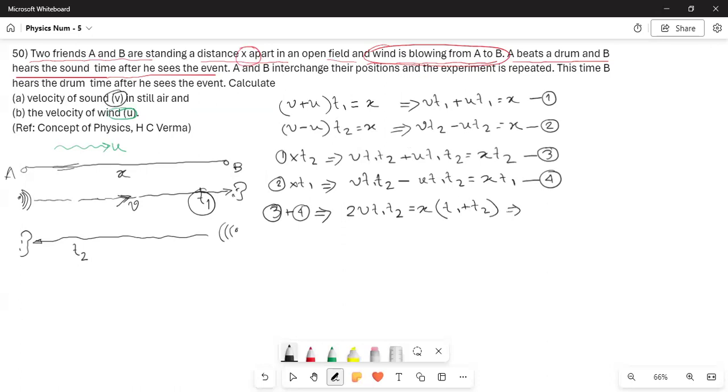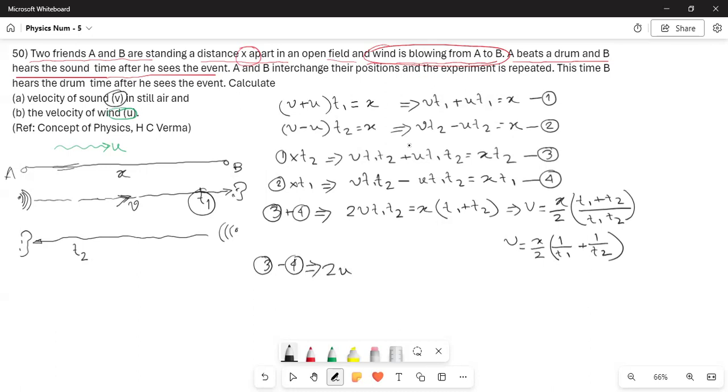From here we find V is equal to x by 2 multiplied by (T1 plus T2) divided by T1T2, or V is equal to x by 2 into (1 upon T1 plus 1 upon T2).